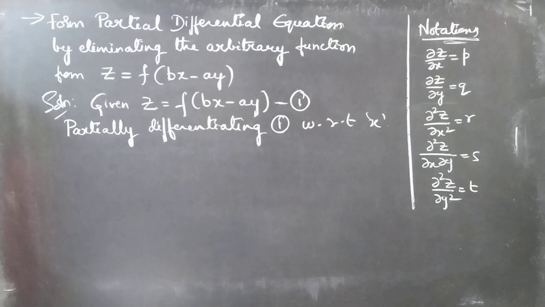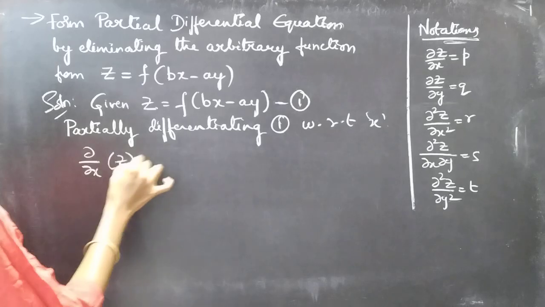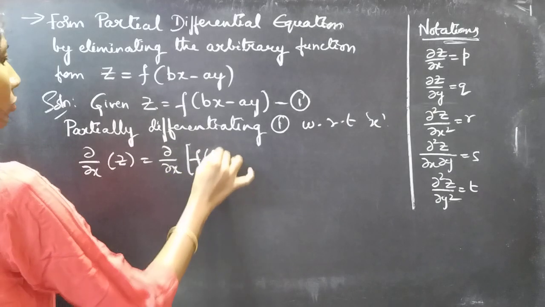I'll apply dou by dou x on both sides of 1. You can skip this step and do it directly.